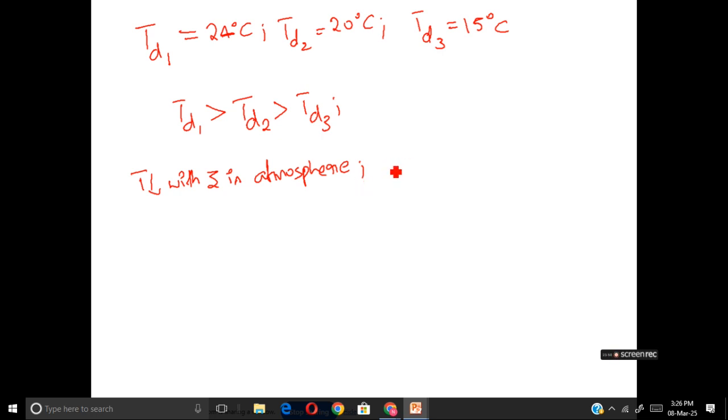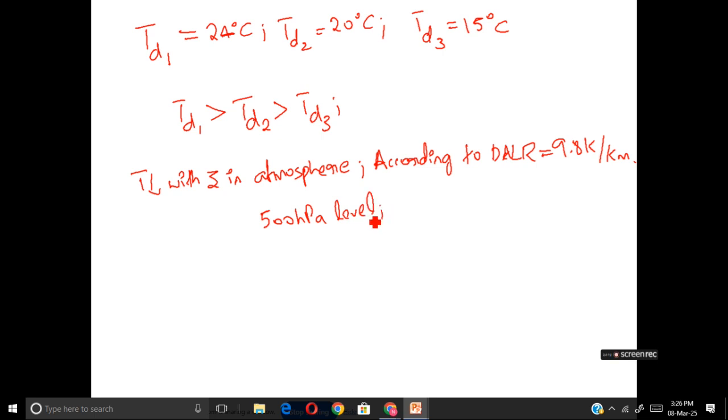According to the DLR, we calculate the dry adiabatic lapse rate, which is around 9.8 Kelvin per kilometer. At the 500 hectopascal level, the dew point temperature is there, and there will be an actual temperature for the parcel.